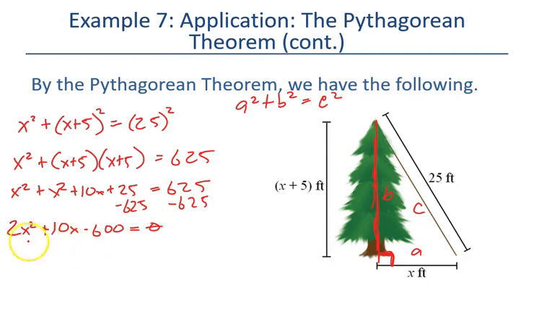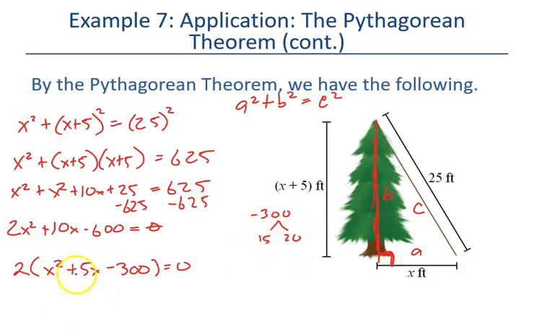Notice here that I can go ahead and pull out the 2. When I pull out the 2, that's going to leave me with x squared plus 5x minus 300. And then I need to find factors of 300 that will come out to that 5. So I put down my negative 300, and notice you can have 15 and 20.